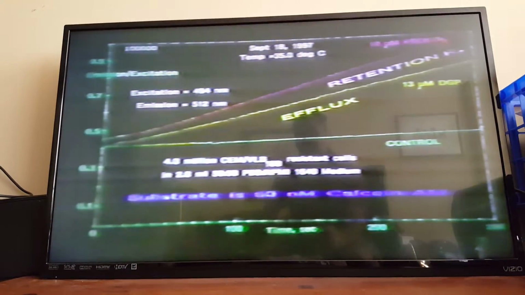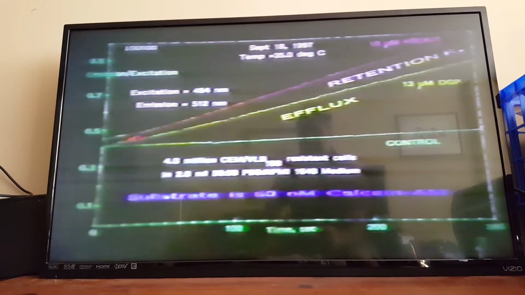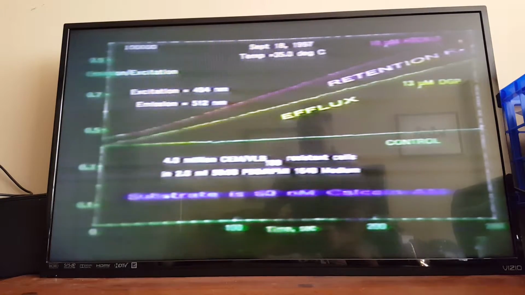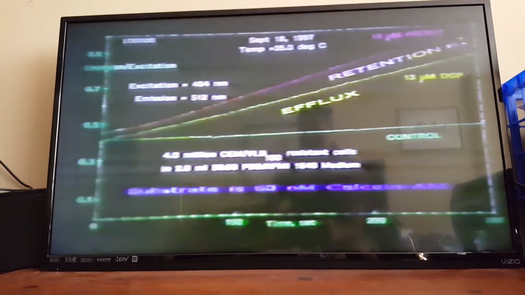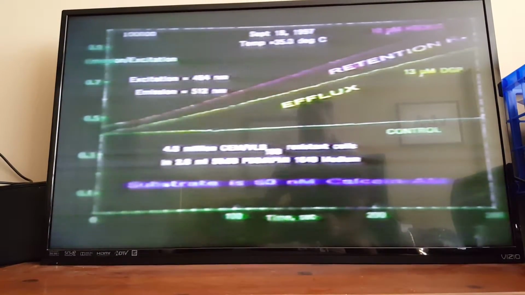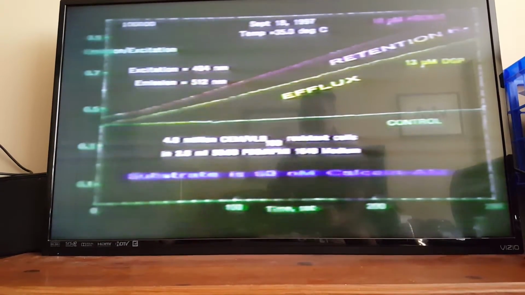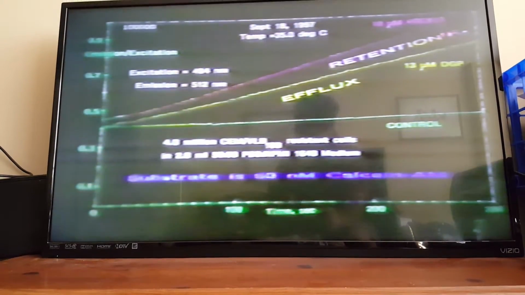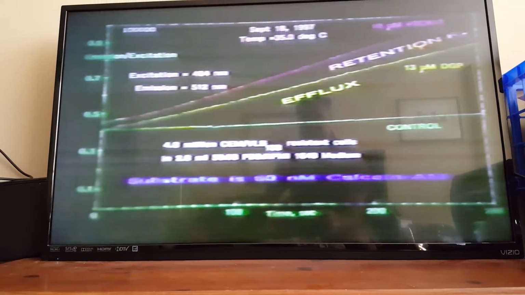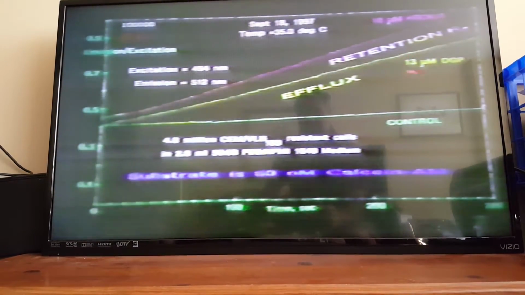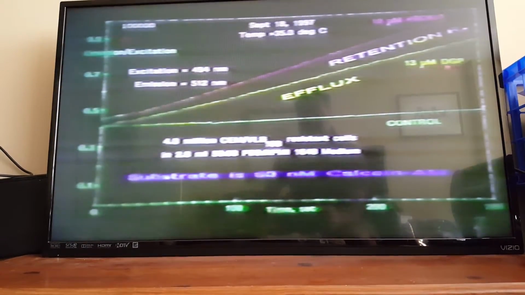This is the effect of 10 micromolar PSC, which we've said is 100% inhibition of the pump. So that's the fastest rate that we can get, and that's the fastest retention we can get, and presumably 0 efflux. 13 micromolar dextragolidine.